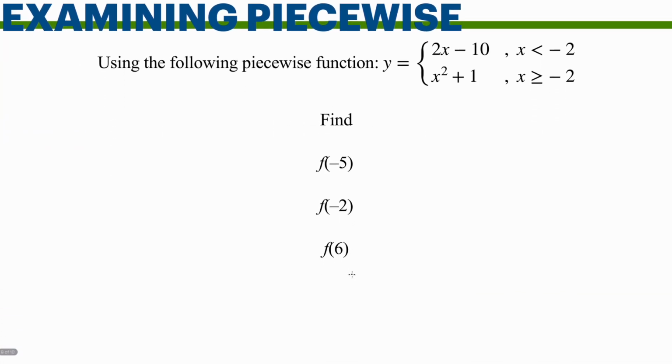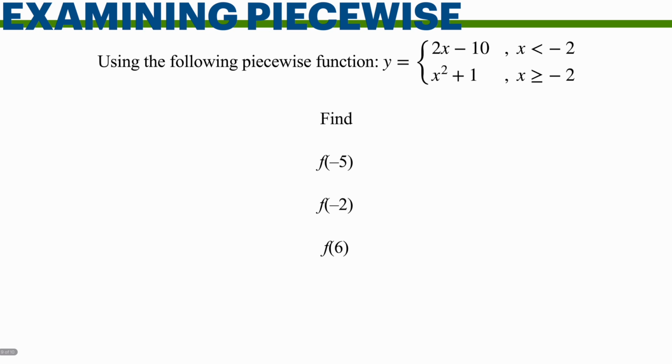So to examine, let's go ahead and actually do a couple of these. We're looking for which domain these are in. So -5 is going to be inside the domain of the 2x minus 10, which means I'm going to plug in -5 into my first function, which means I will get -10 minus 10, which is -20.